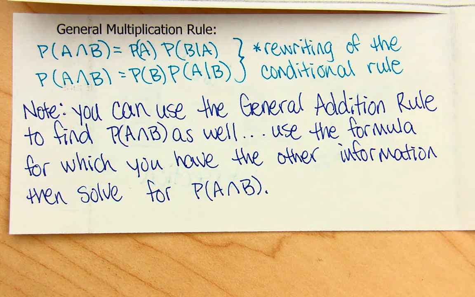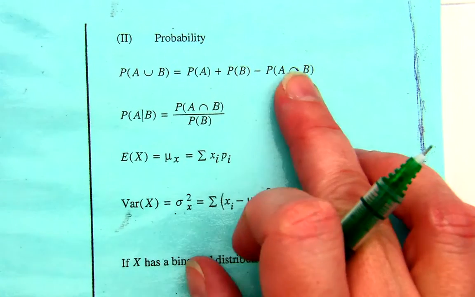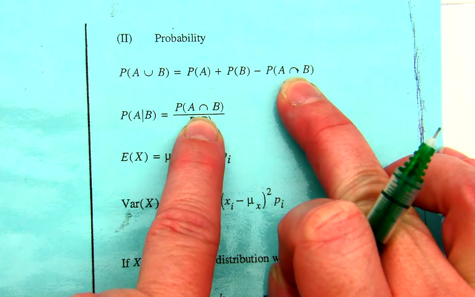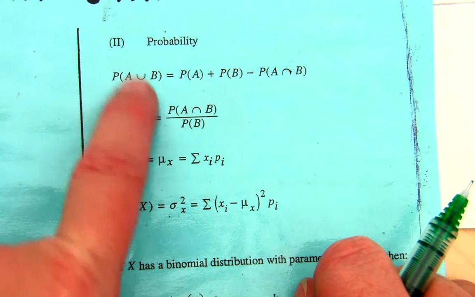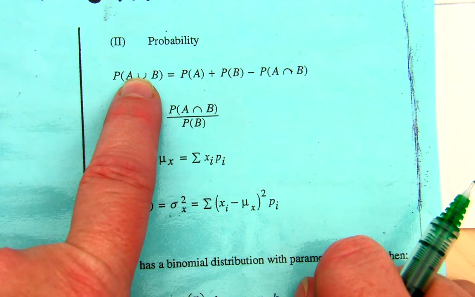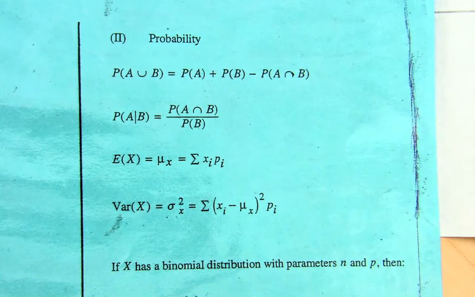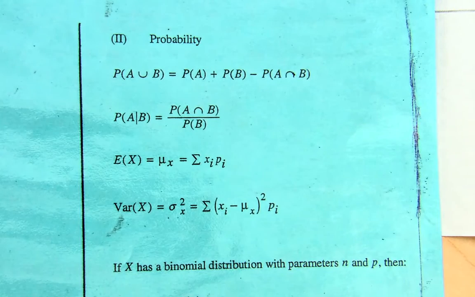Okay, so either one of these formulas here can be used for A and B because it's a part of each one. So it just depends, were you given a conditional probability or were you given the or? Whichever one you're given is going to tell you which formula to use to solve. Okay? So either one of those can be used to solve for that intersection.